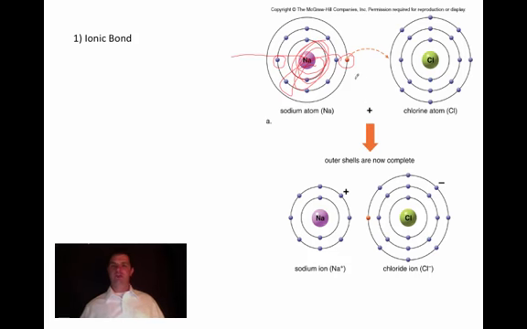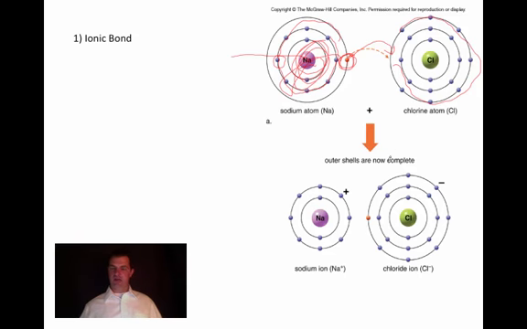Every now and then, like in the case of sodium, one of these electrons gets ripped off or moves to another atom. When sodium atoms are near chlorine atoms, chlorine, with its 17 electrons, is able to gain an extra electron so that it fills up its outermost shell. And sodium, by losing this one, ends up filling its outermost shell.